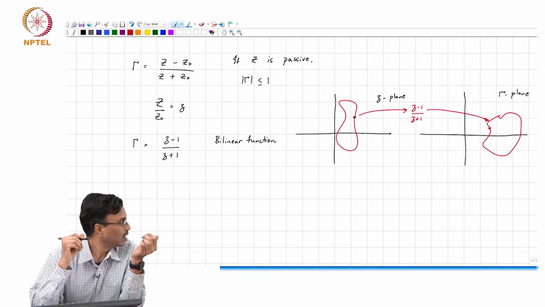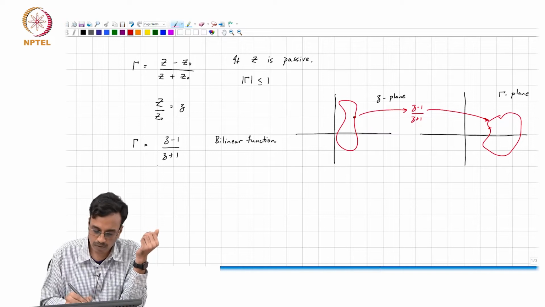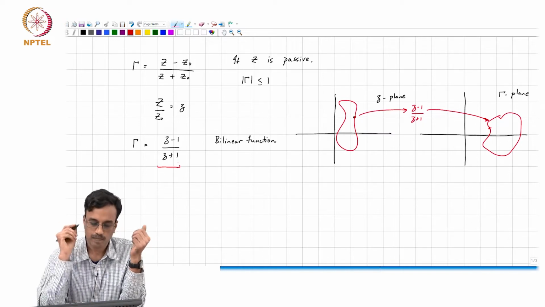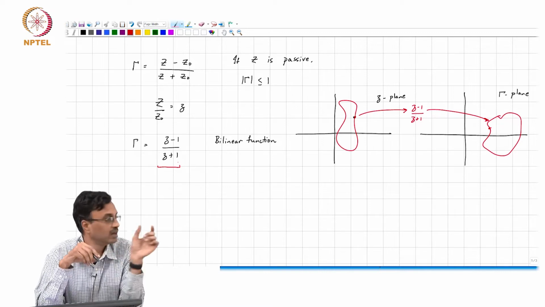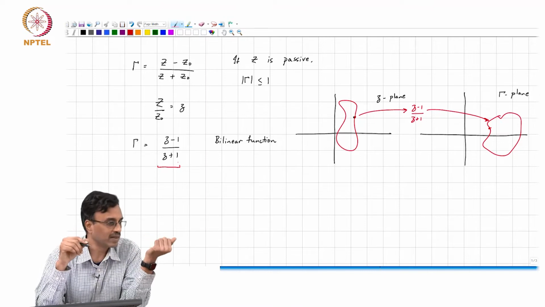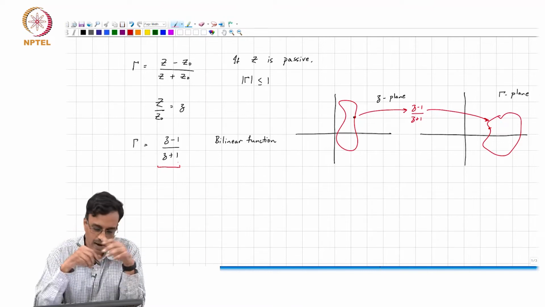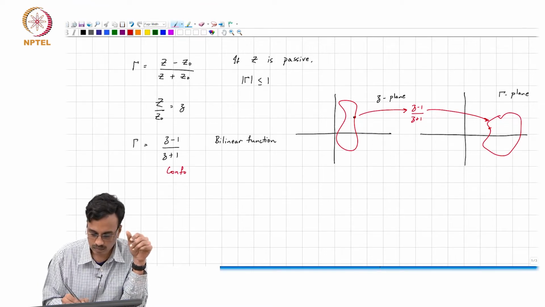But there is a special property of a bilinear function, I mean, of any transformation of the form az plus b divided by cz plus d, and it is what is called conformal mapping. I will explain what that means.